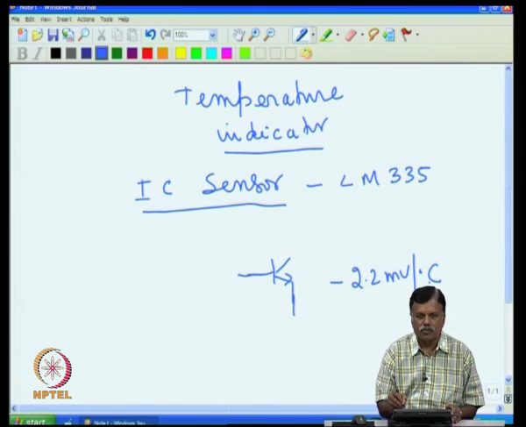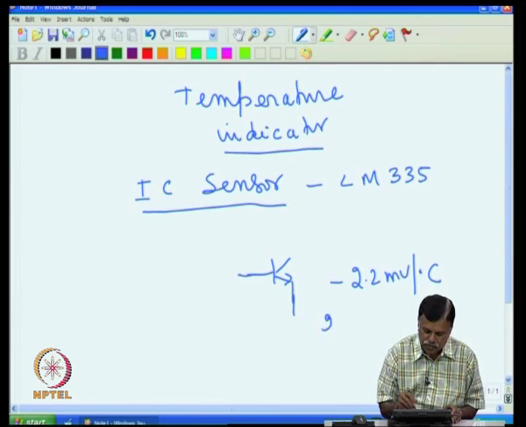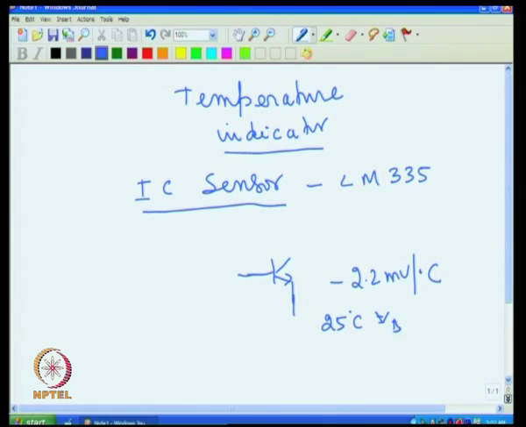In the sense, if at 25 degree C the VBE is 0.6 volt, then at 35 degree C, 10 degree above, the VBE will come down by 10 times 2.2 millivolt, that is 22 millivolt.